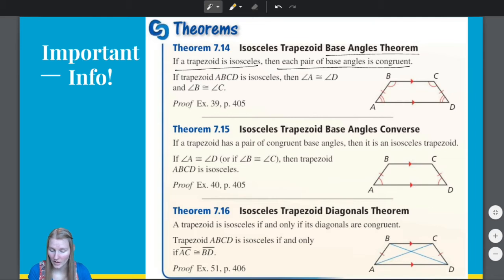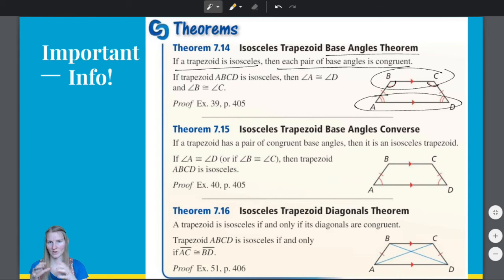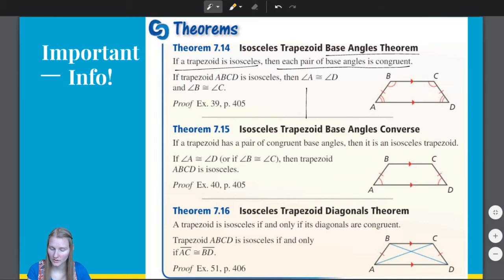So if the legs are congruent, then we know that the top set of base angles is congruent and the bottom set of base angles is congruent. Now, I don't like to use the words top and bottom because what if our trapezoid looked like this?